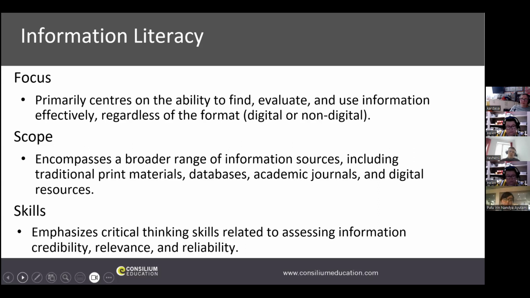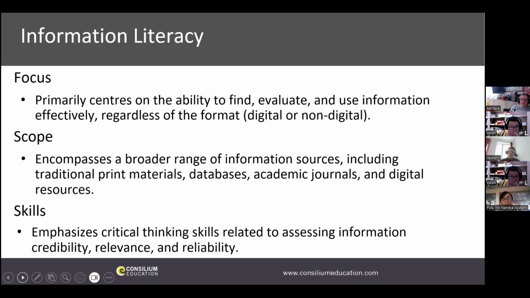In terms of scope, I think information literacy encompasses a broader range of information sources. That does include traditional print materials, but includes the databases, academic journals, and digital resources online, whether they are the ones which are more controlled that we promote, or just wider internet searching.